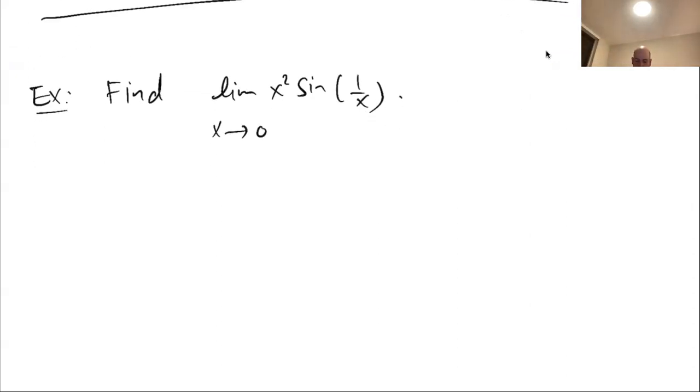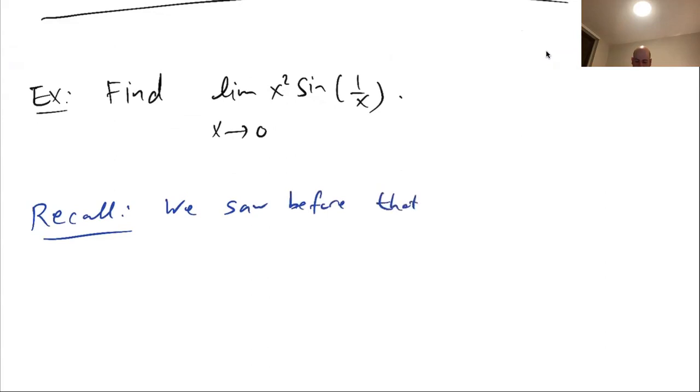Before solving this question, I want to give you a reminder of something we saw before: the limit of sine 1 over x as x approaches 0 does not exist.